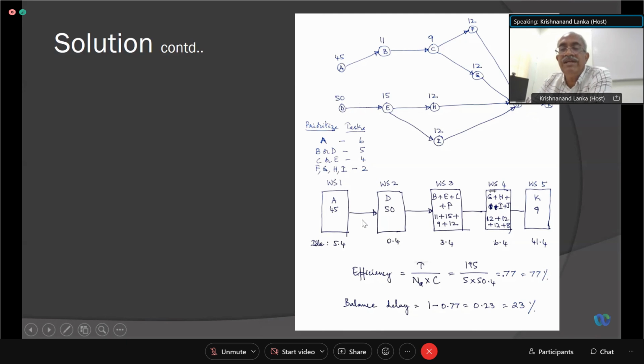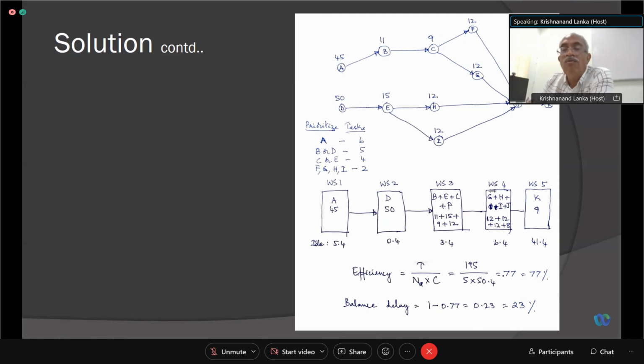So this is a very lousy assembly design, because ultimately the efficiency of a line is total task time divided by the actual number of workstations, that is 5, instead of 4, and this comes to 77%. So the balance delay, the wastage, is this 23%.